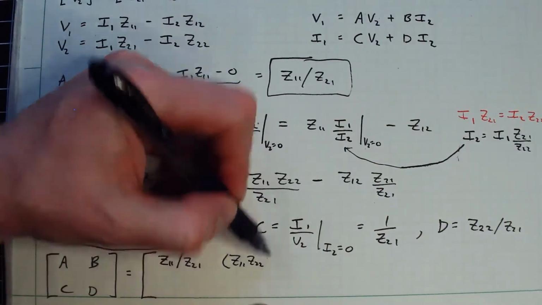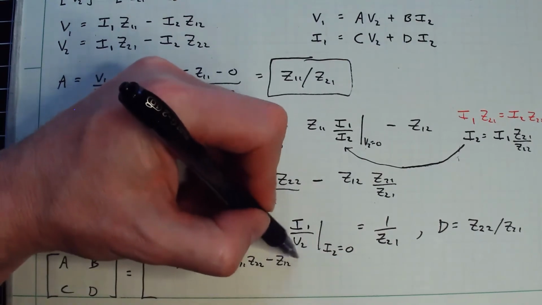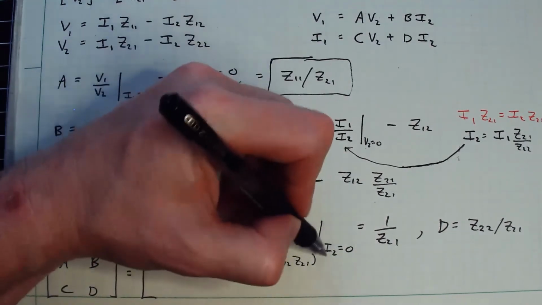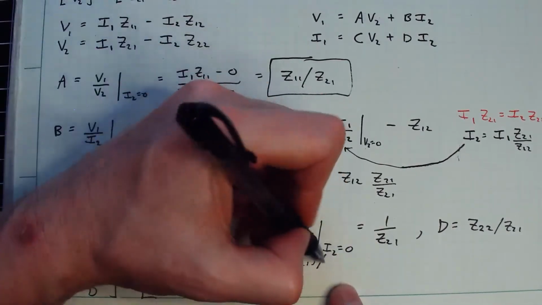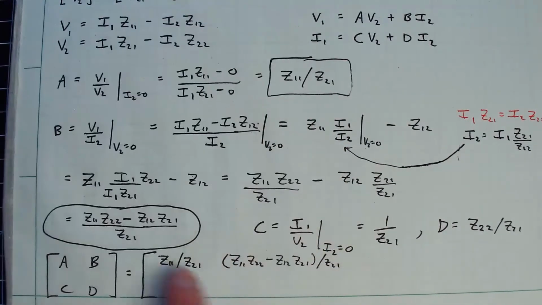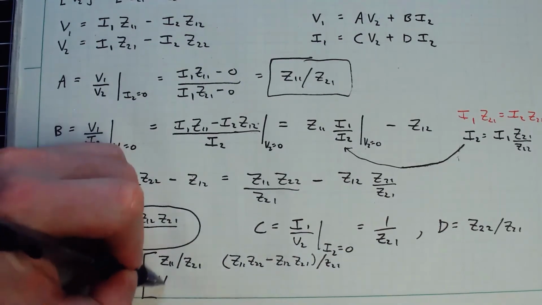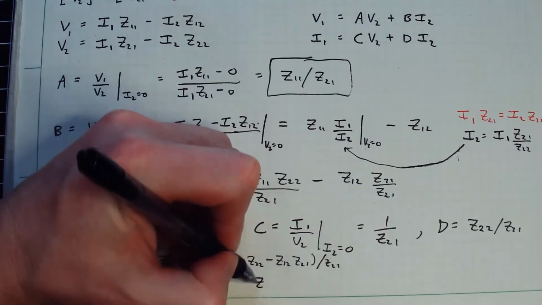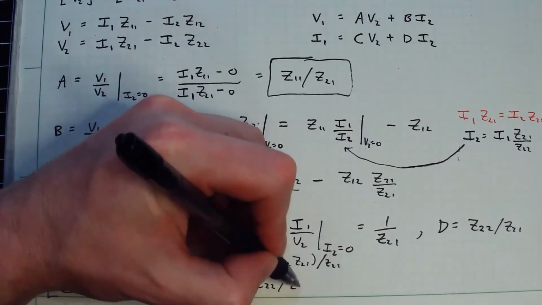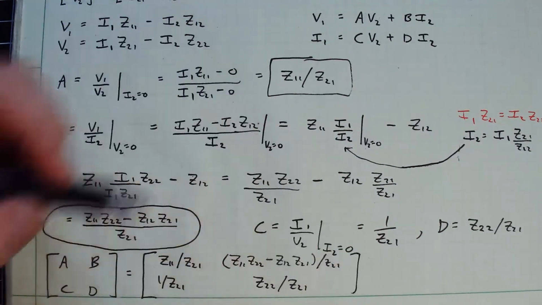Z11, Z22 minus Z12, Z21 divided by, so I'm crashing into my other terms here, so be careful, over Z21. And then my C over here will be a 1 over Z21. And then my D becomes a Z22 divided by Z21. And we enclose the bracket there.